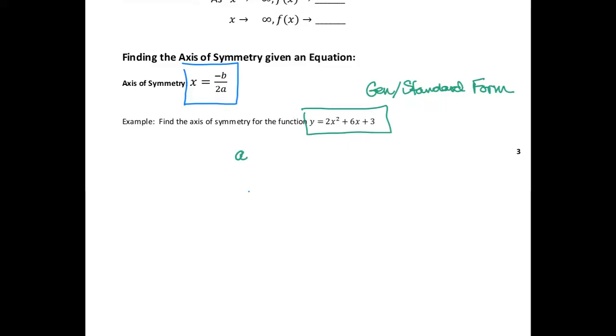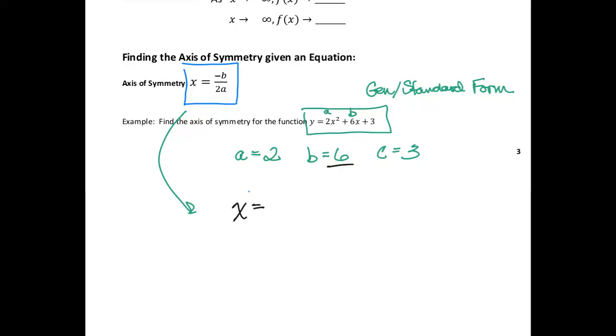So my A value is always what goes with the x squared. So A is 2. B goes in front of the x value. B is 6. And C is 3. Now, I use this formula to find what my axis of symmetry is. So x equals the opposite of b.